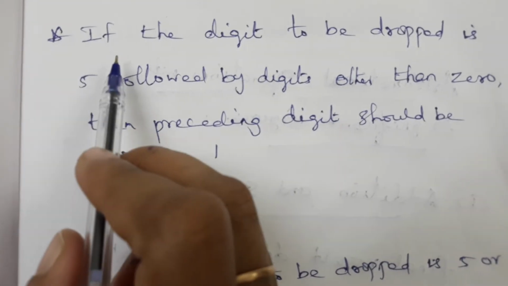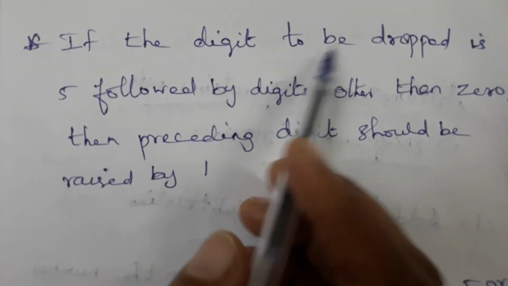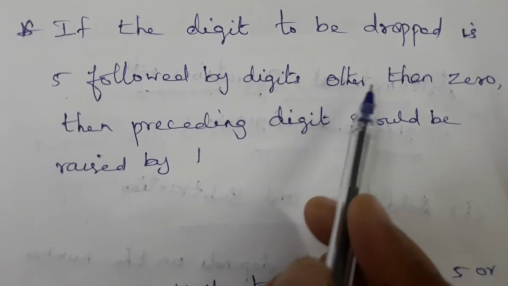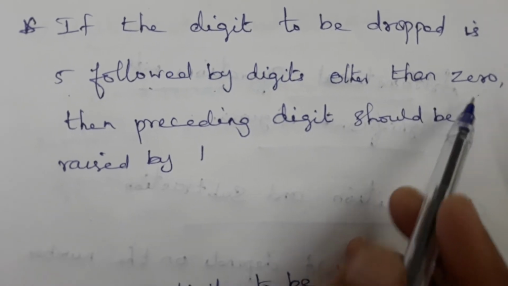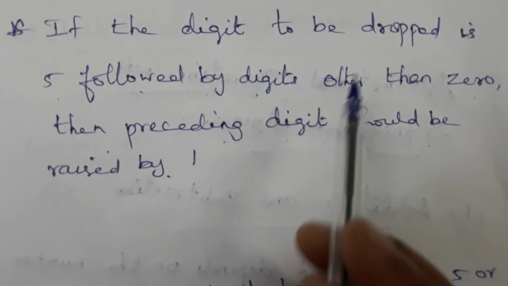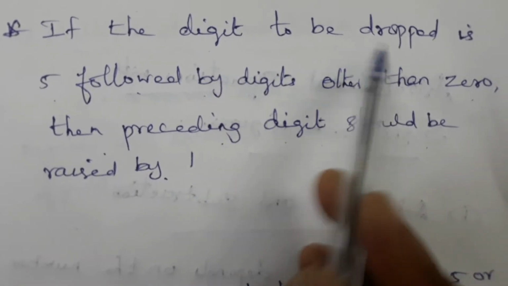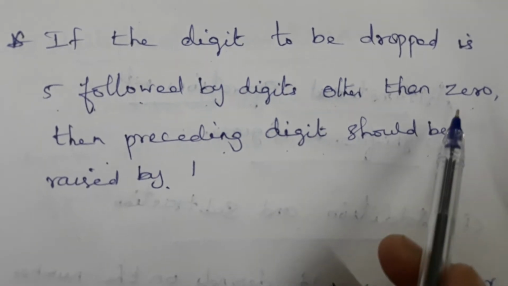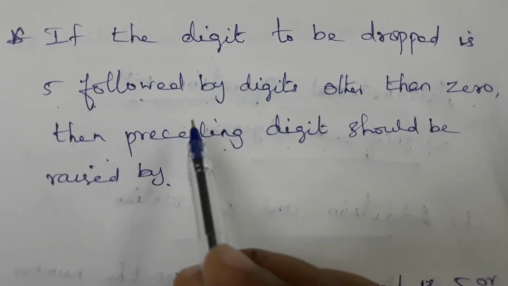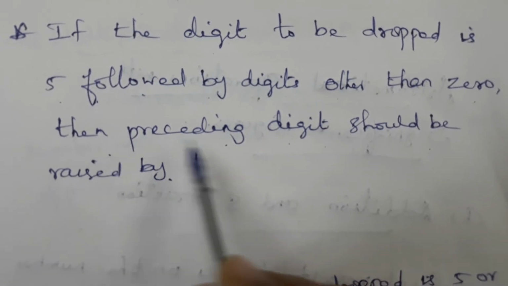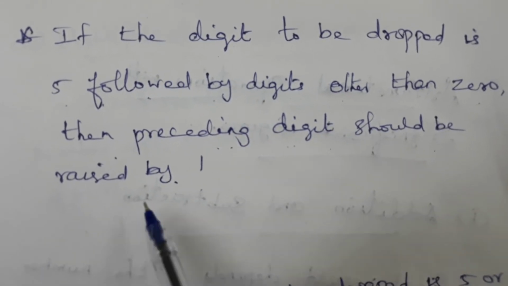The next rule is, if the digit to be dropped is 5 followed by digits other than 0, then the preceding digit should be raised by 1. The digit to be dropped is 5 followed by digits other than 0. Then the preceding digit should be raised by 1.